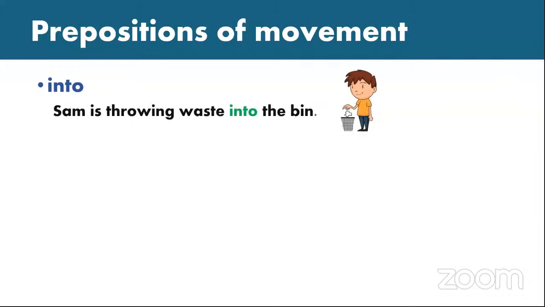Into. Sam is throwing waste into the bin. As Sam is throwing waste into the bin, you can't see waste around it, on the floor. You can see the waste inside, in the bin. So, he's putting waste into the bin.